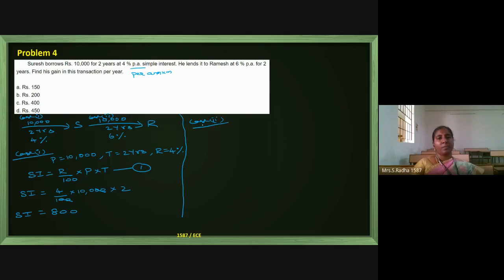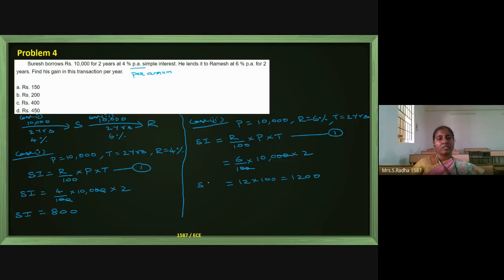Now I am going to case 2. Case 2 is Suresh giving it to Ramesh. So the principal amount he is giving is 10,000 rupees, the rate of interest is 6% and the time is 2 years. Now what is the simple interest Ramesh has to pay back to Suresh? The same formula, R by 100 into P into T, where R is 6 divided by 100, and this is 10,000 into time 2. Cancelling 2 zeros, 12 into 100 becomes 1200.